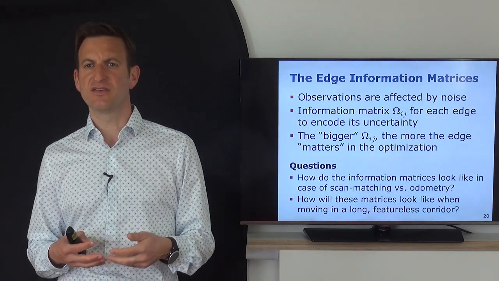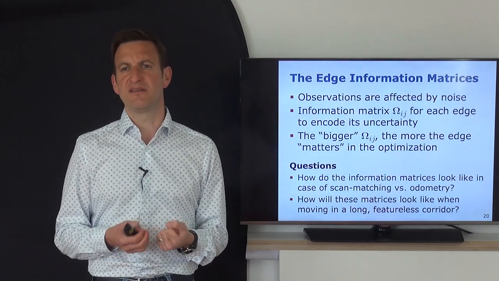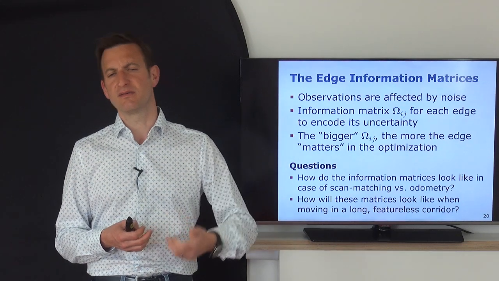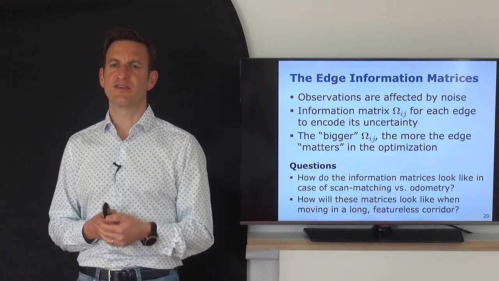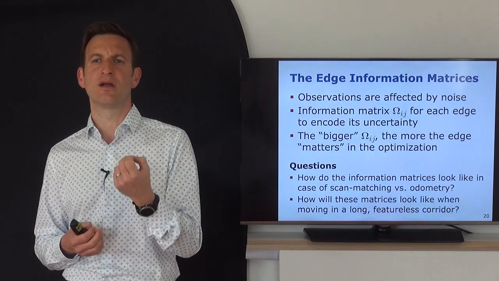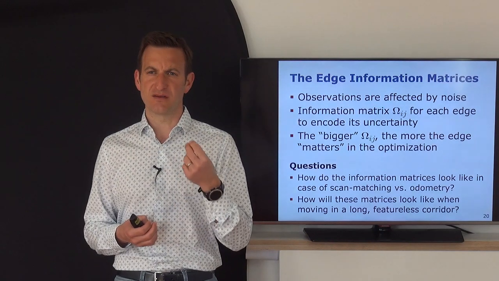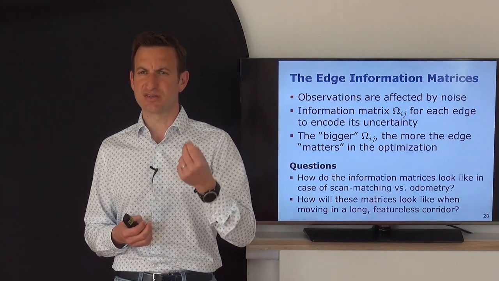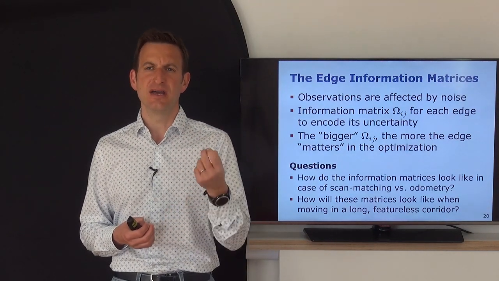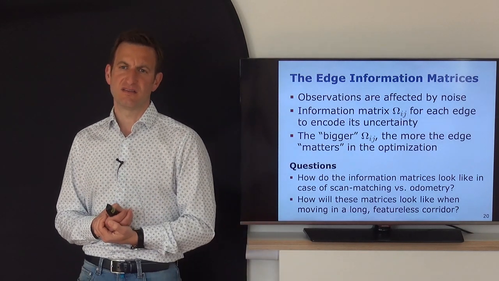And the bigger omega, or the values inside omega, the more this edge matters in the optimization. If you remember back to least squares, how it worked, this information matrix is basically a weighting factor for your error. So if you have a constraint with an information matrix which has a value twice as large, it will count twice as much inside the optimization.